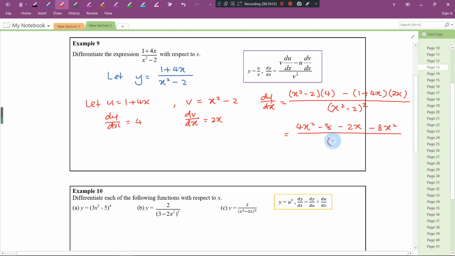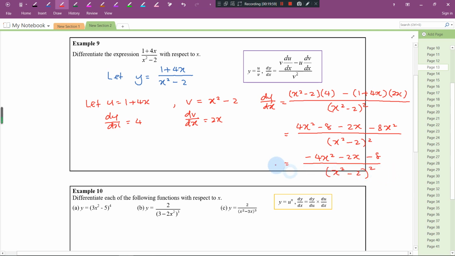Okay, here you don't have to expand it, you just keep it like this. For 4x squared minus 8x squared, you will get negative 4x squared. Here you will get negative 2x, here negative 8, over x squared minus 2 raised to the power of 2.